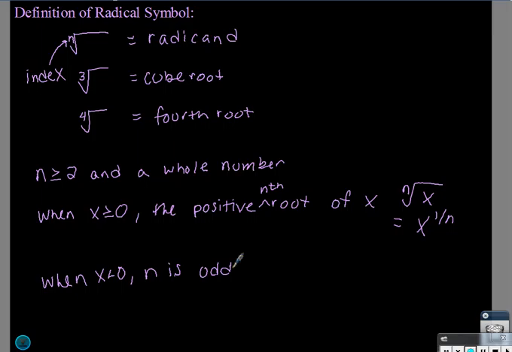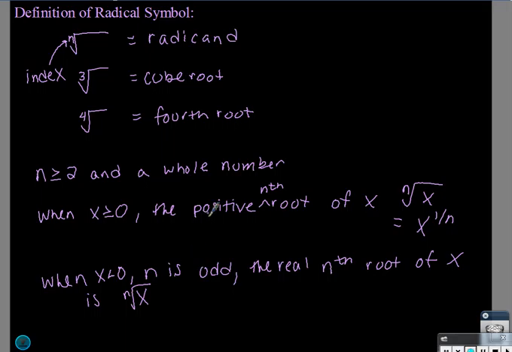So we can only talk about the odd case. You can say the real nth root of x is, again, the radical symbol, the radicand with n outside as your index.